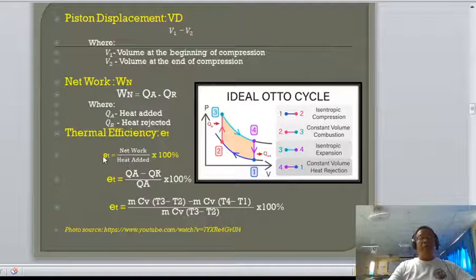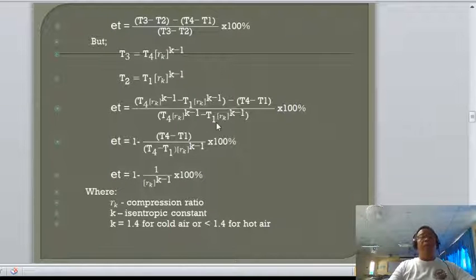Eliminating now mass and the specific heat at constant volume, that will become the thermal efficiency equals T sub 3 minus T sub 2 minus (T sub 4 minus T sub 1) over T sub 3 minus T sub 2.